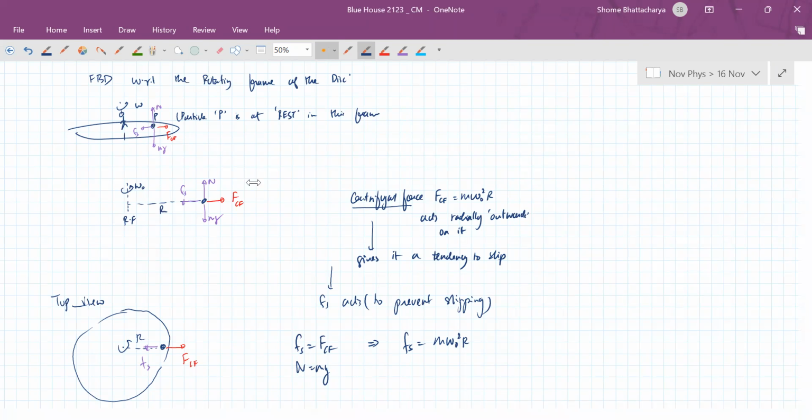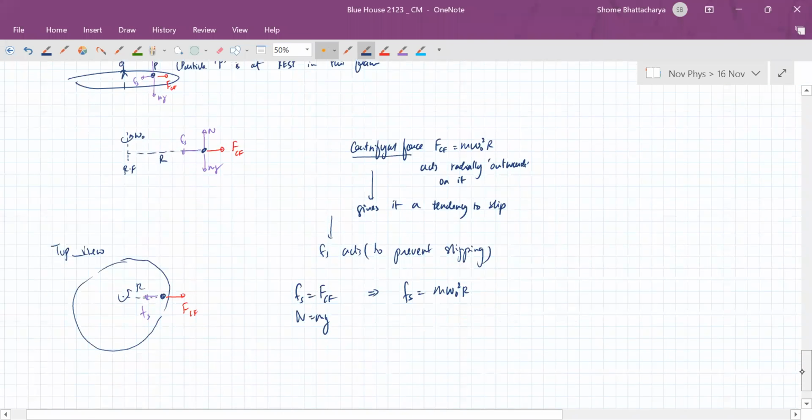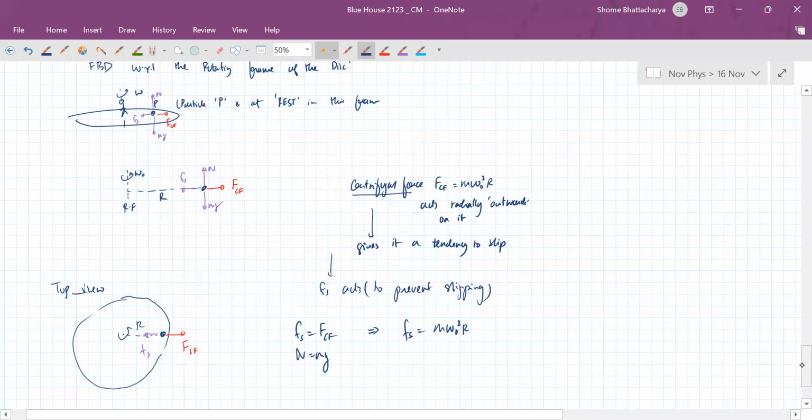Capital R, it is the RF. RF stands for rotating frame. So we're making the FBD in the rotating frame.